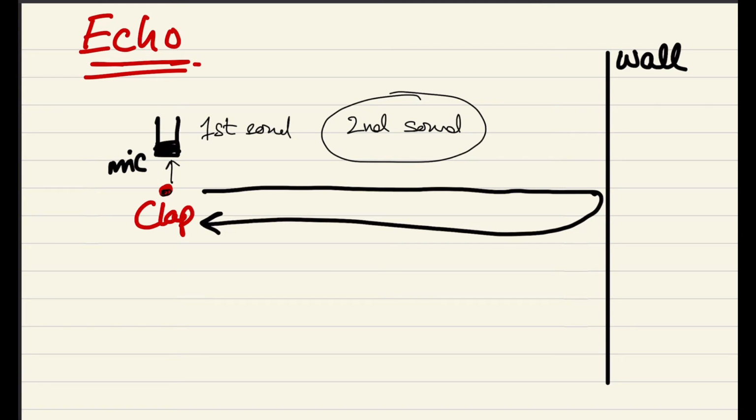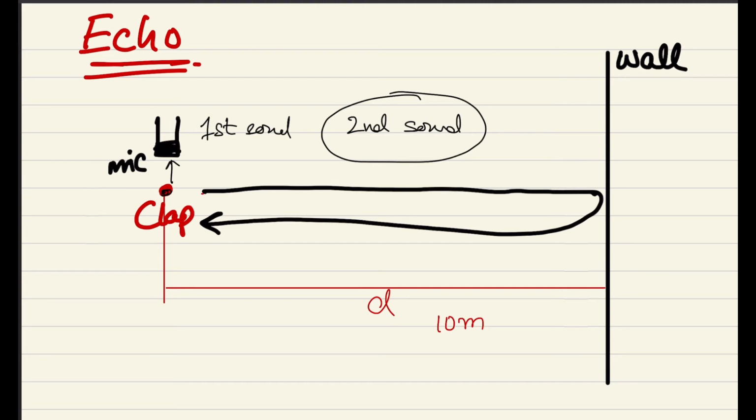Just measure the distance from this source to the wall. Once you know the distance over here, let's suppose this distance is 10 meters. You'll put the mic over here and start the clap.